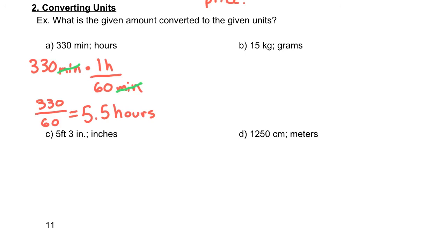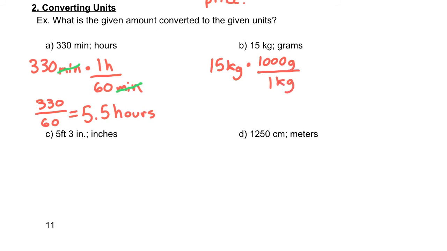15 kilograms to grams. I'm going to start with 15 kilograms. And it would be important to know how many grams are in a kilogram. So kilo is 1,000. So that means that 1,000 grams are in 1 kilogram. So to set up this one, I would take my ratio and I would say 1,000 grams over 1 kilogram.